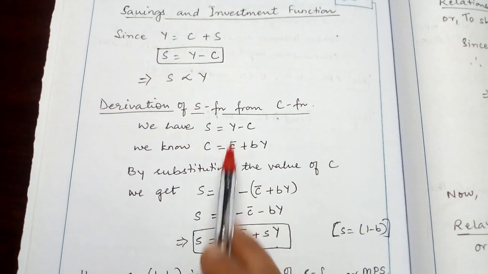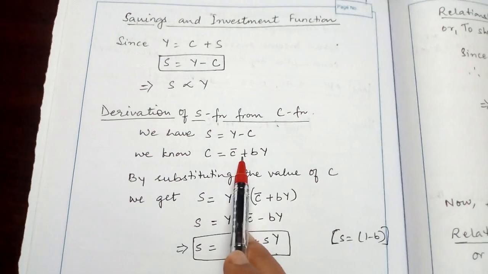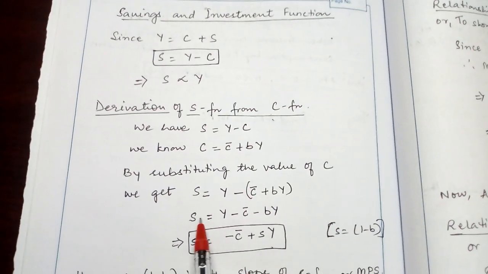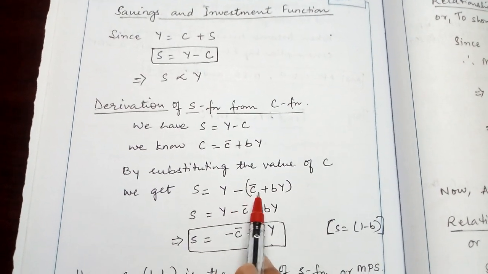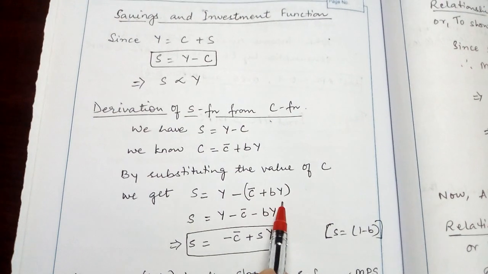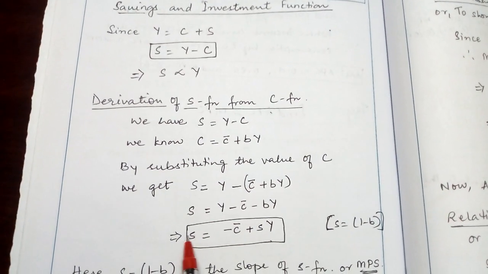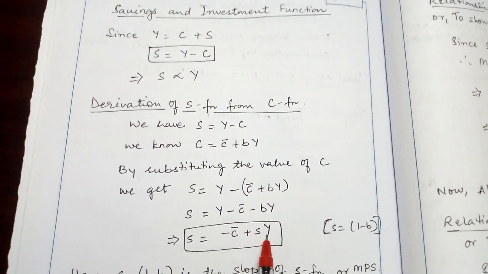So S is equal to Y minus C. C is C bar plus bY. So open the bracket to find S is equal to Y minus C bar minus bY. Now we get S is equal to minus C bar plus sY.